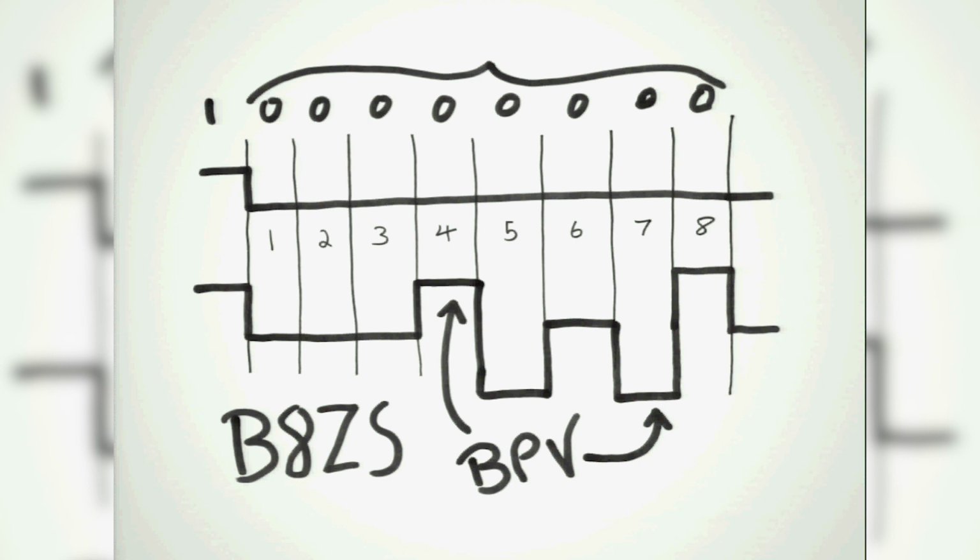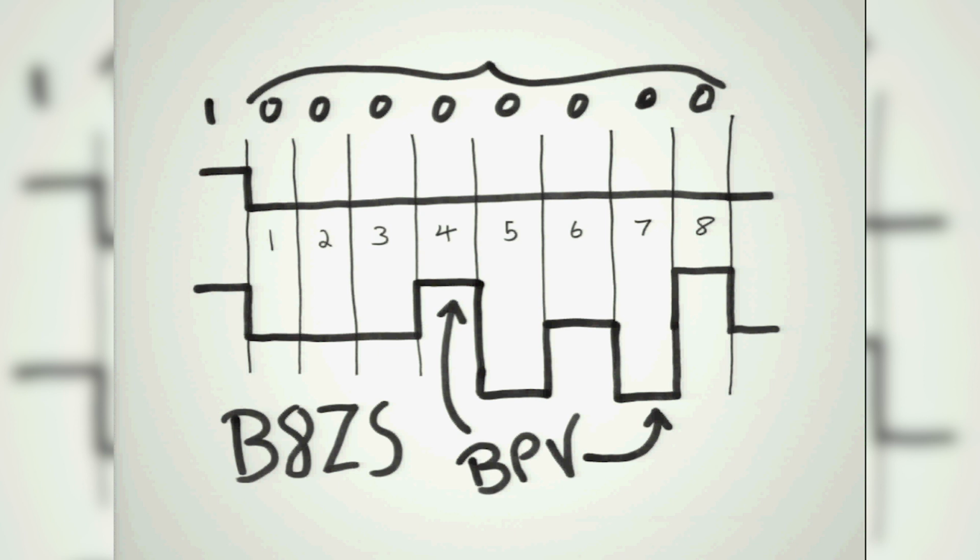So to solve this without changing the data, we inject intentional bipolar violations into the line. This gives us state transitions without affecting the data, because when the receive side sees these two intentional bipolar violations, it's watching for them. It takes those out and replaces them with zeros. So for T1, we use B8ZS, that's bipolar 8-zero substitution.